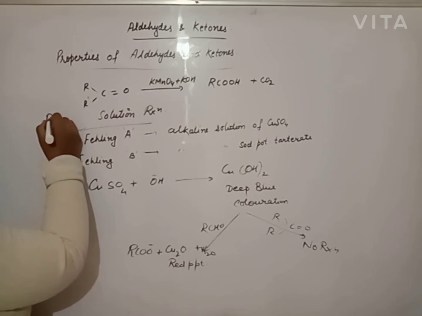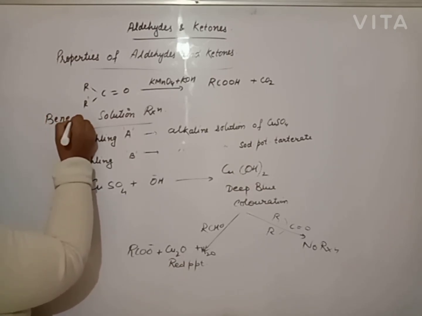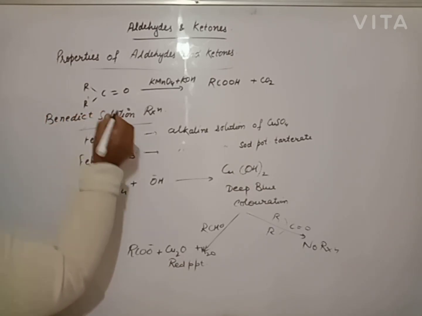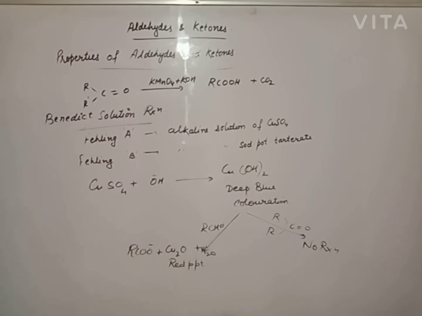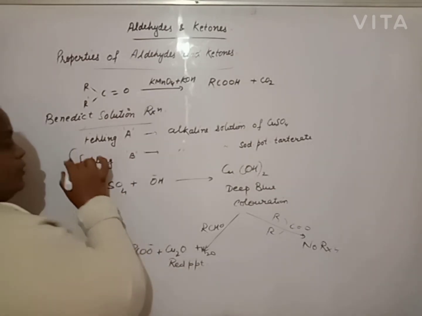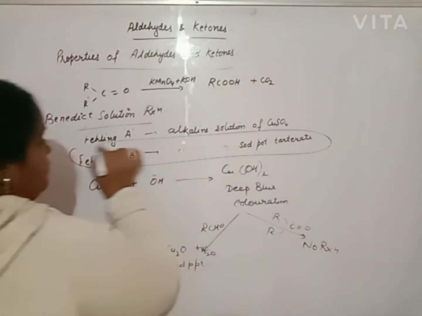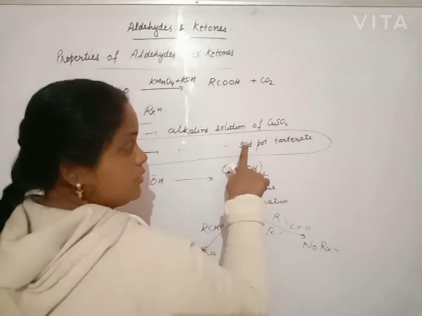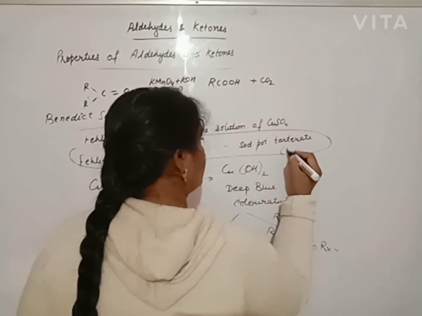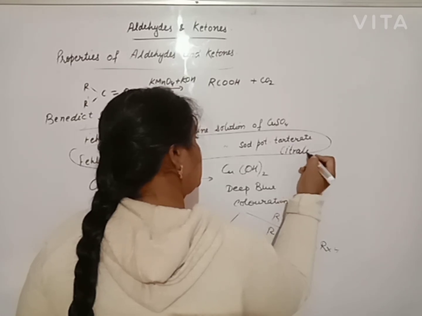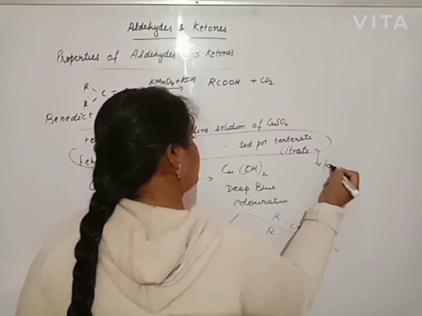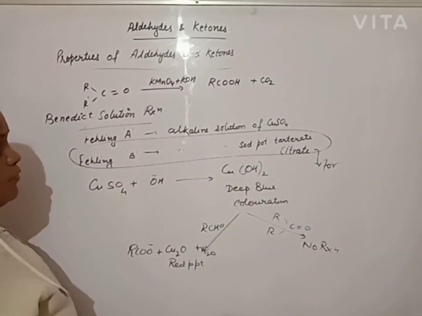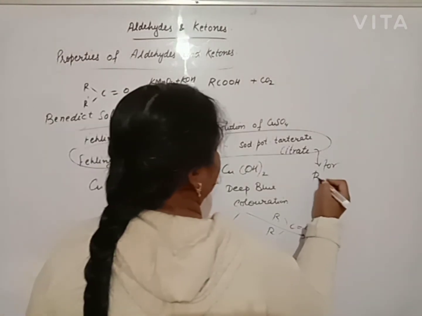Beta, the third test is known as the Benedict solution test or Benedict test. Beta, the Benedict test is exactly the same as that of Fehling solution, with the only difference being in Fehling B. For the Benedict test, it is an alkaline solution of sodium potassium citrate.